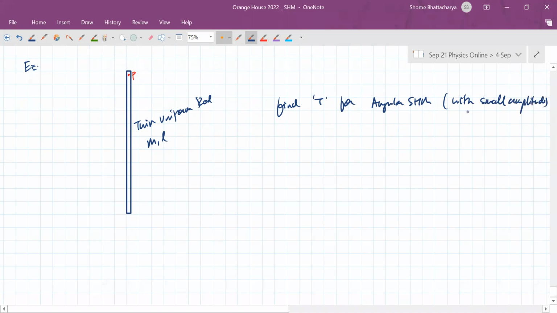The small amplitude is necessary because otherwise we don't get the equation of angular harmonic motion.